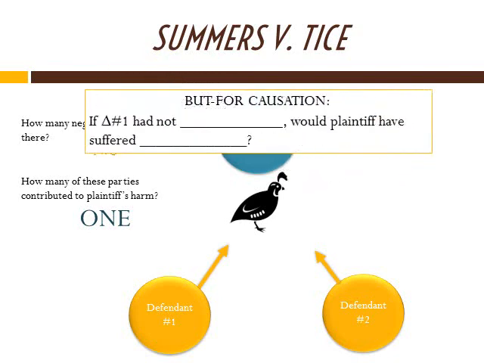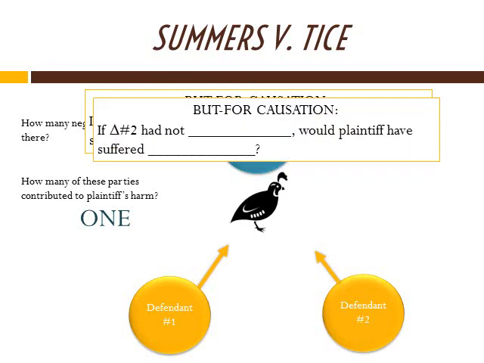So when we try to do but-for causation, if you see the first defendant, plaintiff would say, if defendant had not shot his gun towards me, I wouldn't have suffered the harm. And the defendant will say, no? Well, how do you know? If it came from the other defendant, then you would have suffered the harm whether I shot towards you or not.